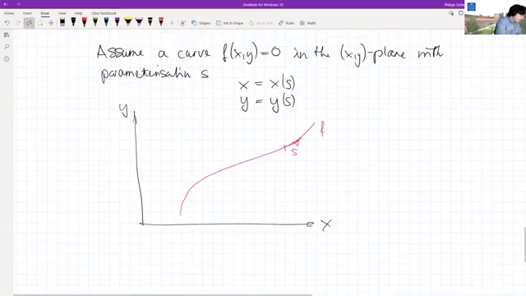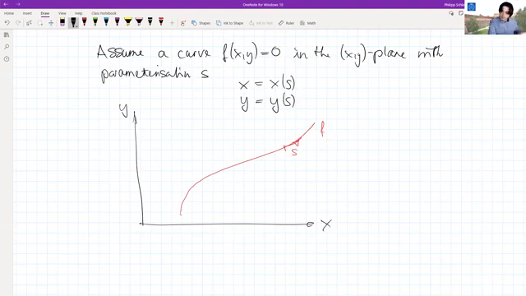Okay. Now, I would like to calculate my derivative of u. So u is a function of x and y. So u exists in this plane. So the derivative with respect to s. So what is the change of u as I go along the curve? So du ds. What is that? Well, so I would like to have the derivative with respect to s. And of course, x and y depend on s. So what I'm actually doing is I'm calculating a total derivative.